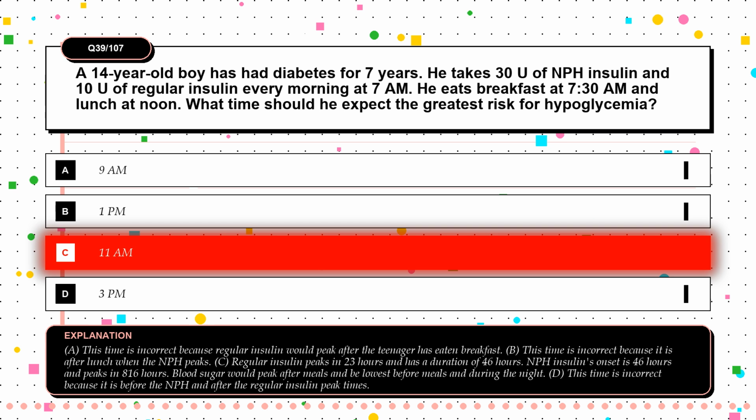NPH insulin's onset is 4 to 6 hours and peaks in 8 to 16 hours. Blood sugar would peak after meals and be lowest before meals and during the night. D. This time is incorrect because it is before the NPH and after the regular insulin peak times.